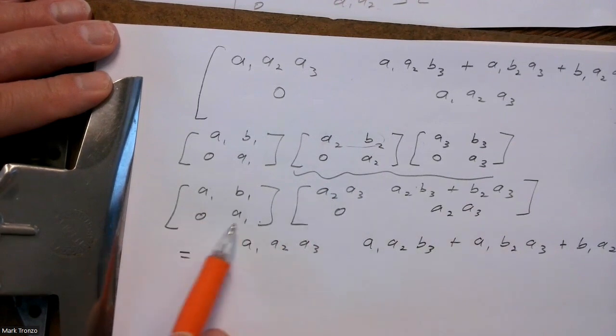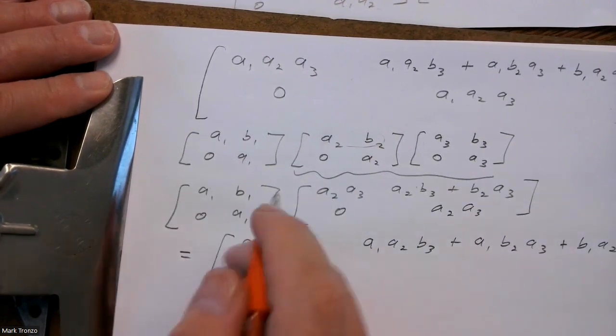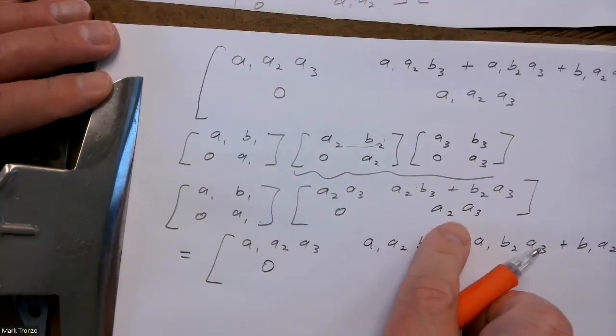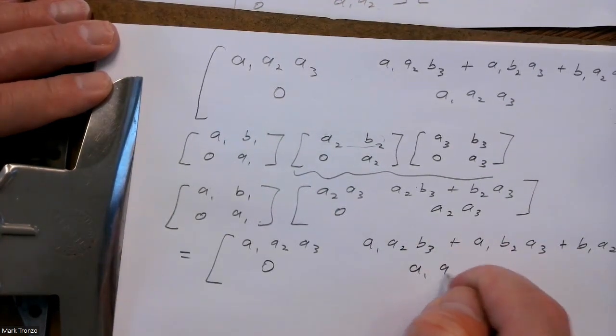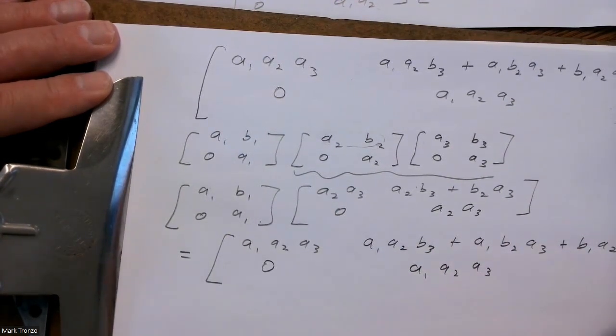If we take this one times this, it's going to be 0 plus 0. This times this is going to be A1 A2 A3.